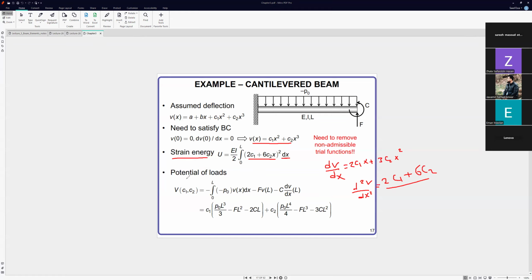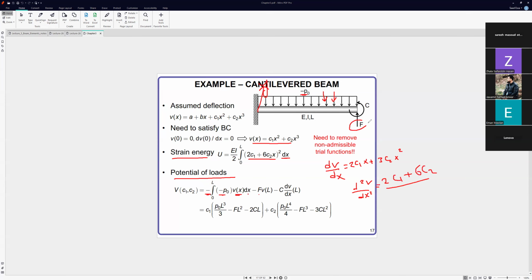This is the strain energy. Now we have potential energy. We have distributed one, which is minus, and the direction here, it is also minus because y up is the positive. Now we have minus. So this is the minus of P naught V of x dx minus.